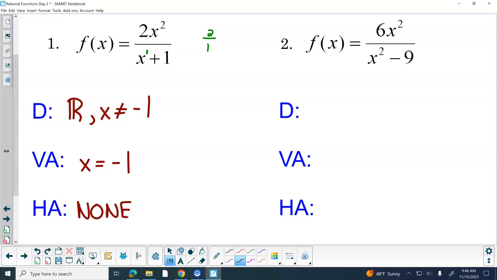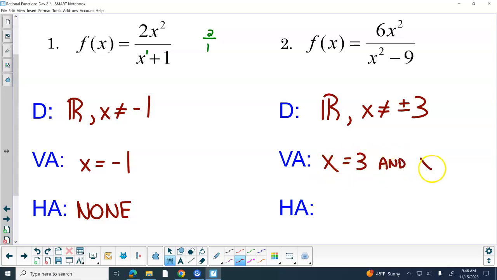What do you got? Give me a domain on the next one. All real numbers. Yep. Okay. Which should automatically flow into the vertical asymptote, and we split them up. Okay. Degree on the top for this one.